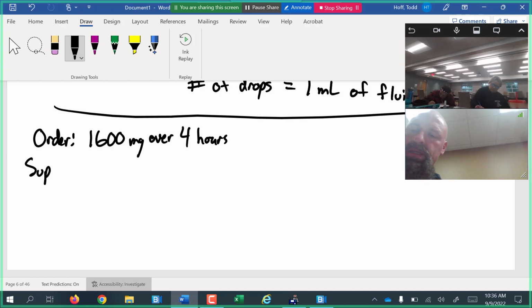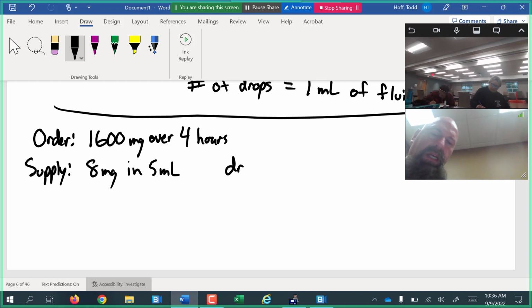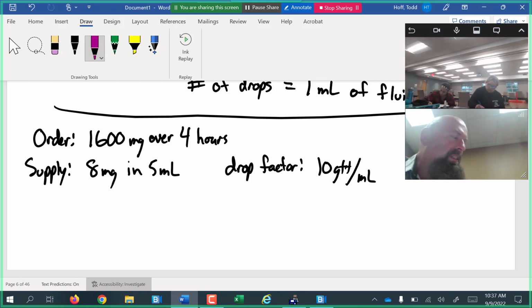Our supply is constituted at 8 milligrams in 5 milliliters of solution. And we have a drop factor of 10 drops per milliliter. So I'm going to express this in drops per minute.